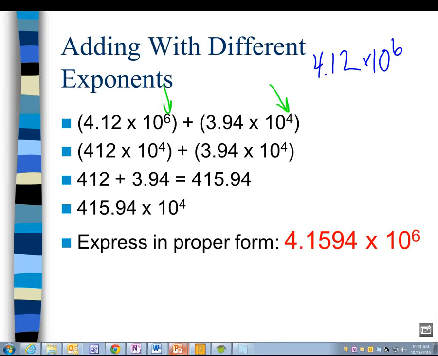So I'm going from having 6 more decimal places to having 4. When I go to the right, 2 of them, 1, 2, does your exponent get higher or lower? Lower. So now I have 412 times 10 to the 4th.